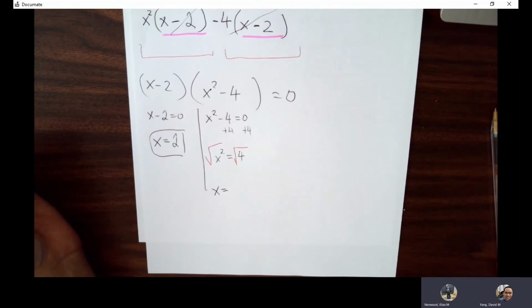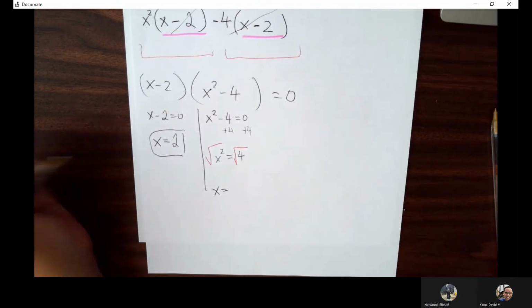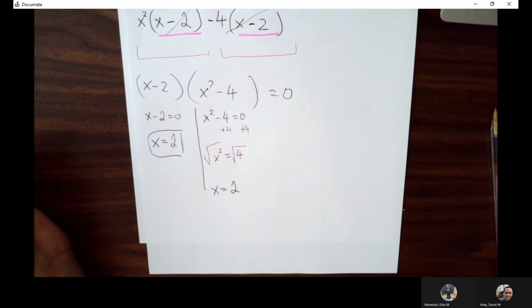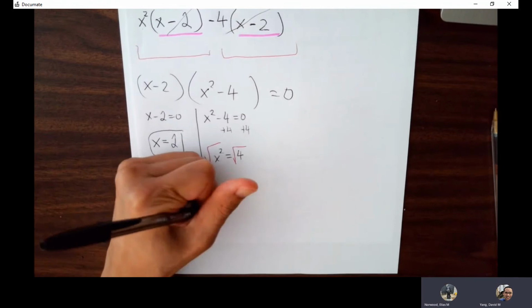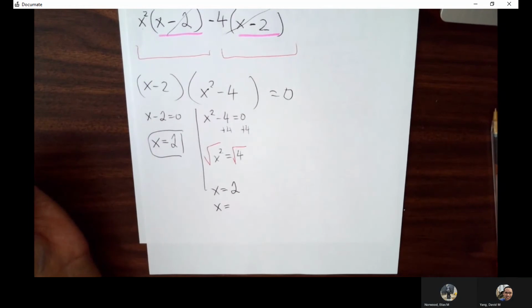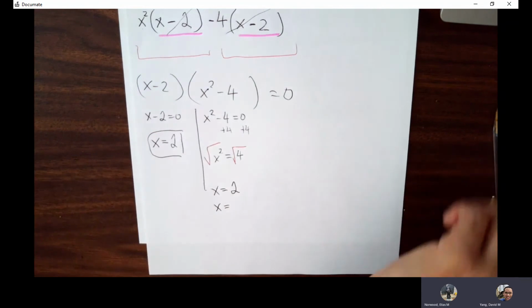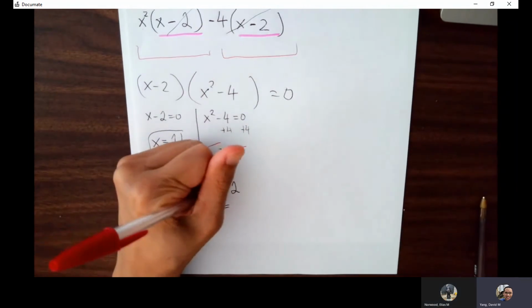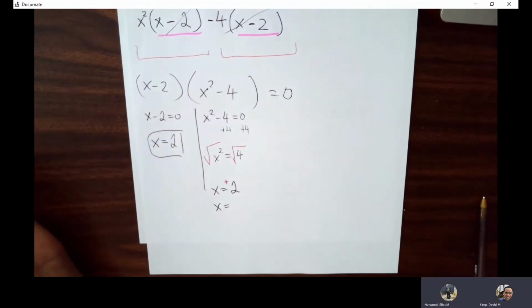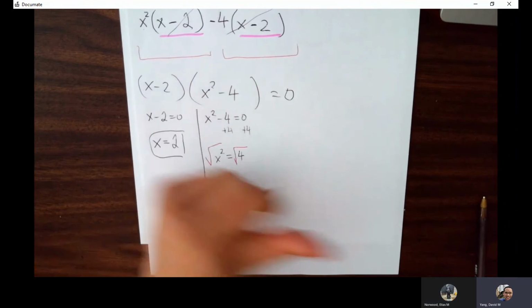X equals 2. Is that it? No, because it's another x, right? X equals plus minus 2. Well, we already have the plus here. Oh, it's negative 2. Yeah.